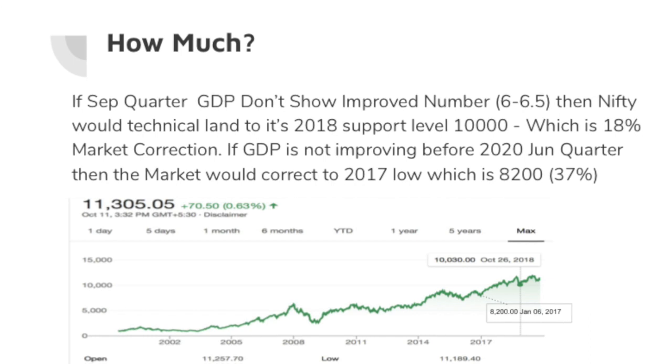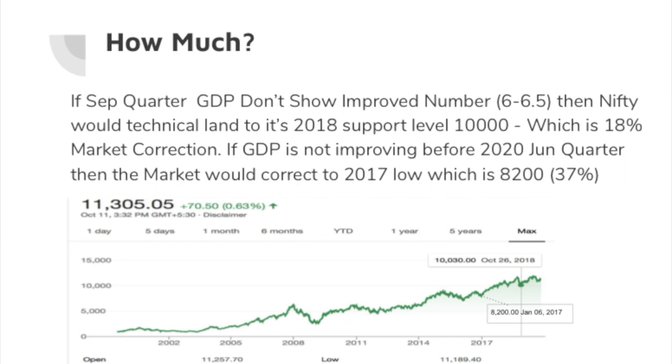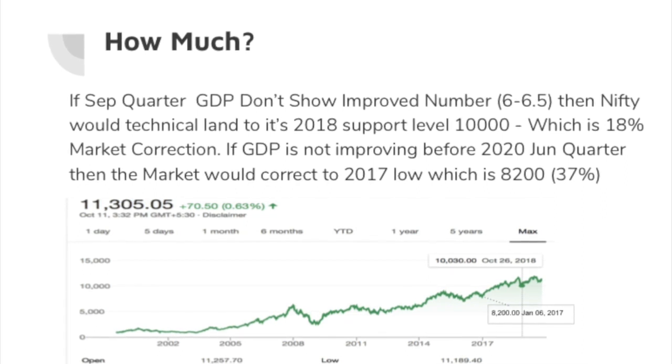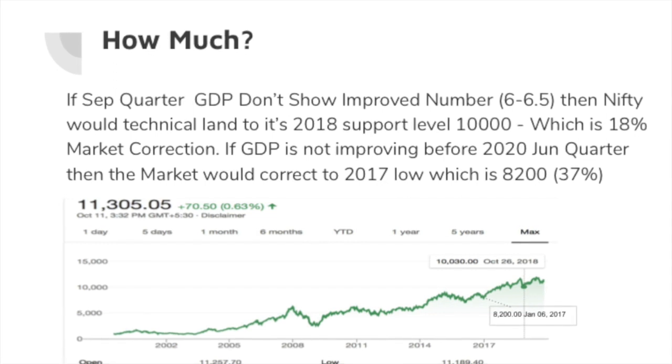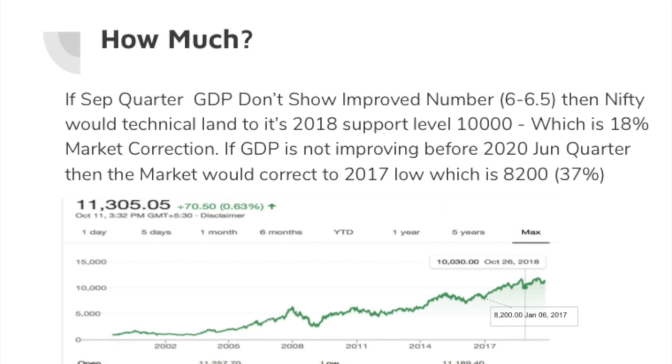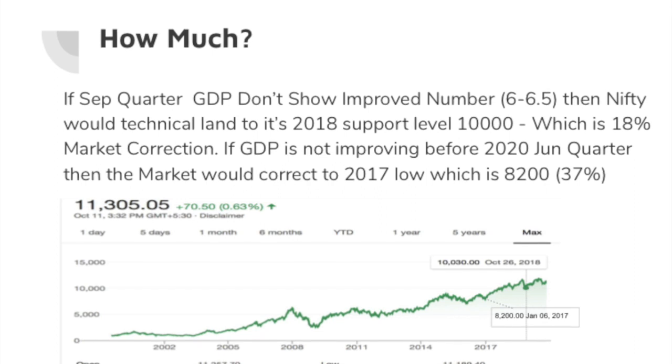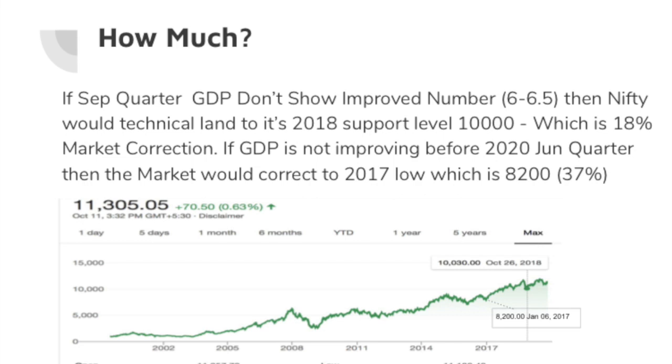In the subsequent quarters, that is the September quarter, if our GDP doesn't improve from 5.7 percent to close to 6 or 6.5 percent, then Nifty would technically land at its 2018 support level, which is 10,000 points. That means we would correct by 18% from the recent closing number of 11,305.